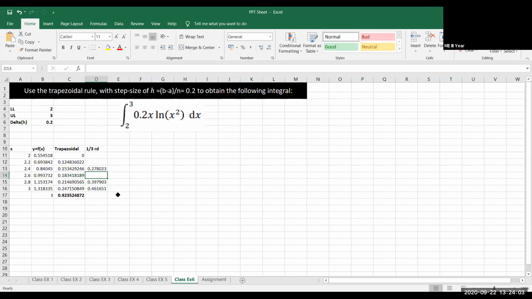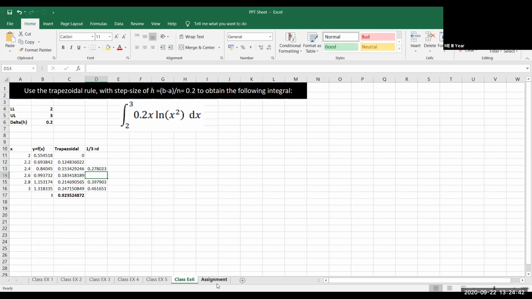Let's see how many intervals there are: 1, 2, 3, 4, 5, 6. A total of 6 intervals. It is applicable only for an even number of intervals, so you can't apply it here. That's why Simpson's 1/3 rule has this limitation. You can refer to your book also.